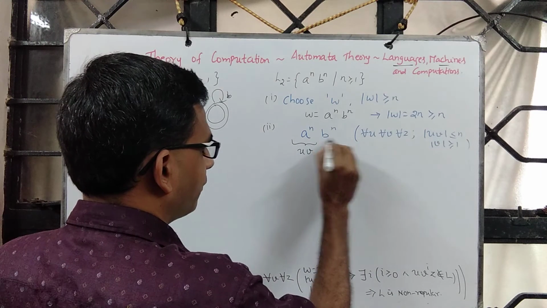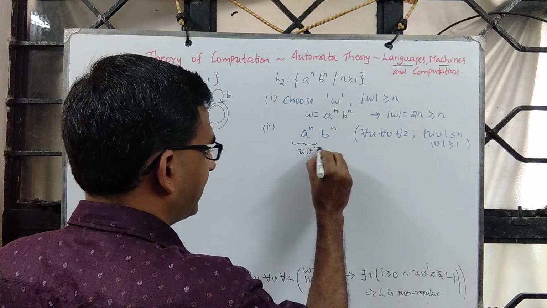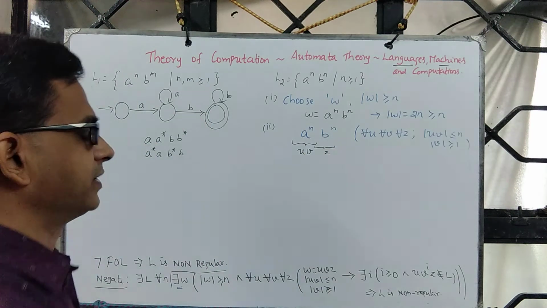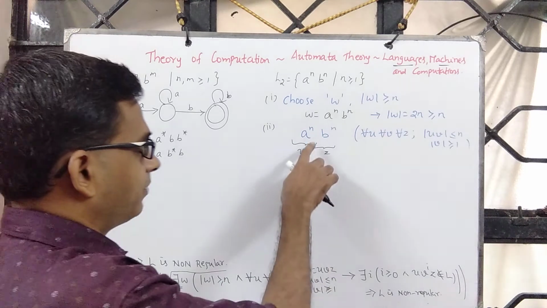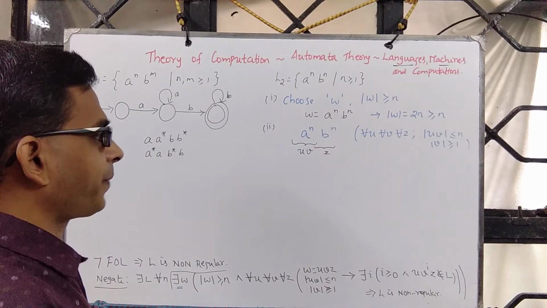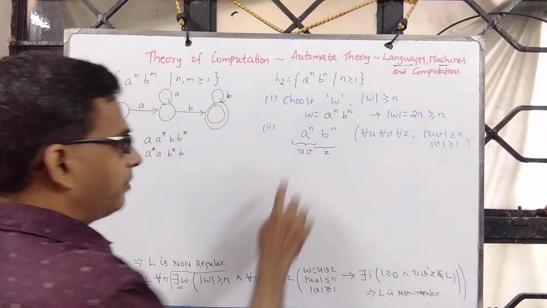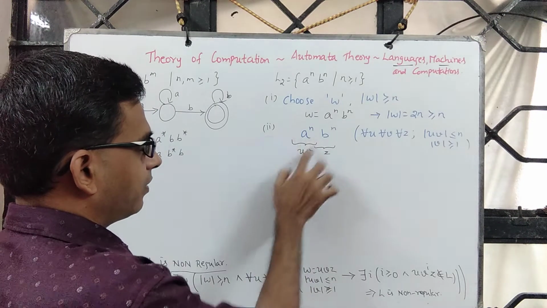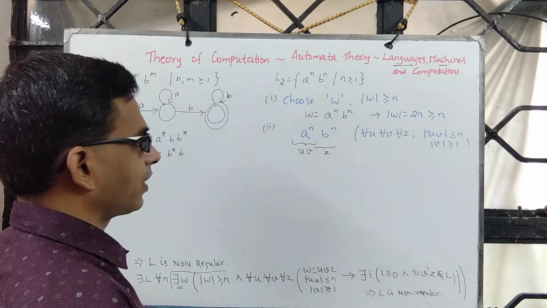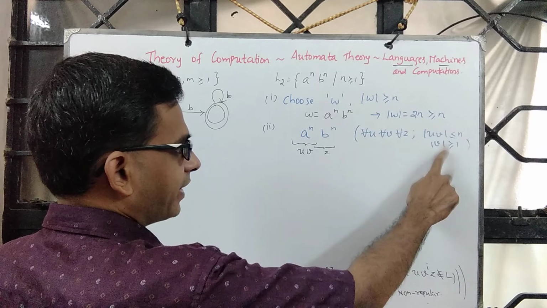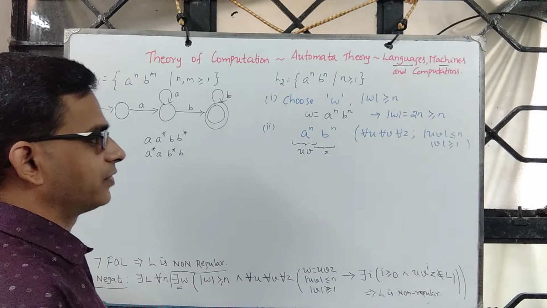It may be b's, or a part of a's followed by part of b's, or part of a followed by the entire b. But one thing is clear, both u and v are only in this part. u could be empty, but v must be at least 1.